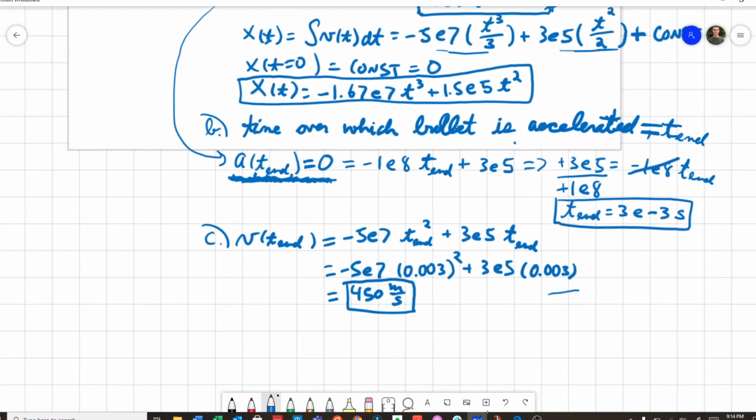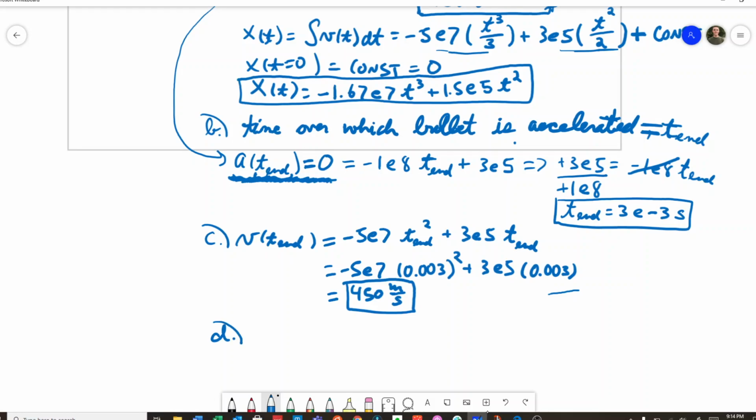Right. Then in part D, I'm asked to find the length of the barrel. So what is the length of the barrel? Well, if x equals 0 corresponded to the starting point of the barrel, then x at t end would be the ending point of the barrel, and also, therefore, the length of the barrel.